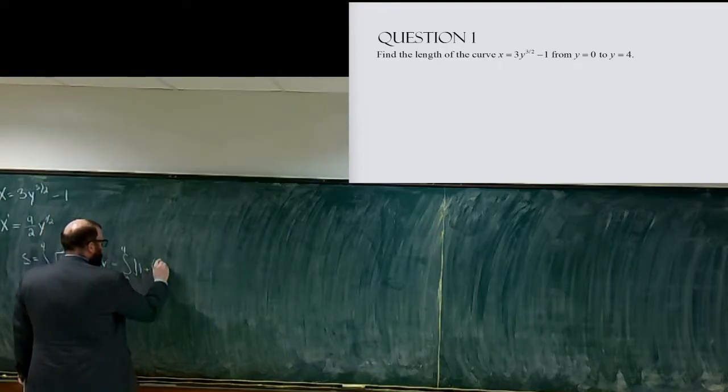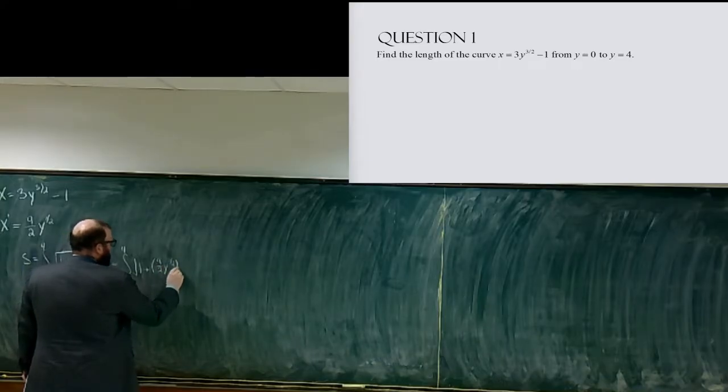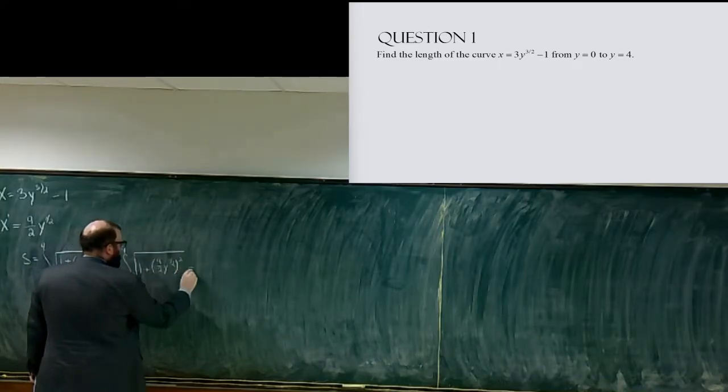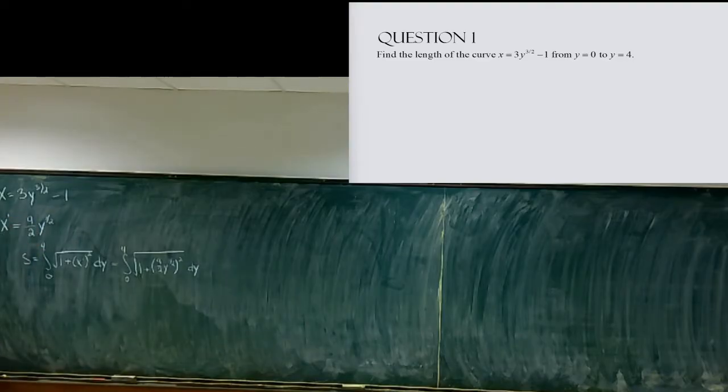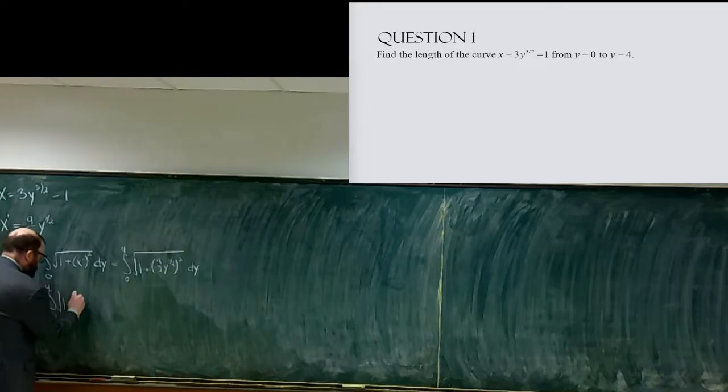X prime is 9 halves, y to the half. Nine halves y to the 1 half squared is what? 81 over 4, yes.